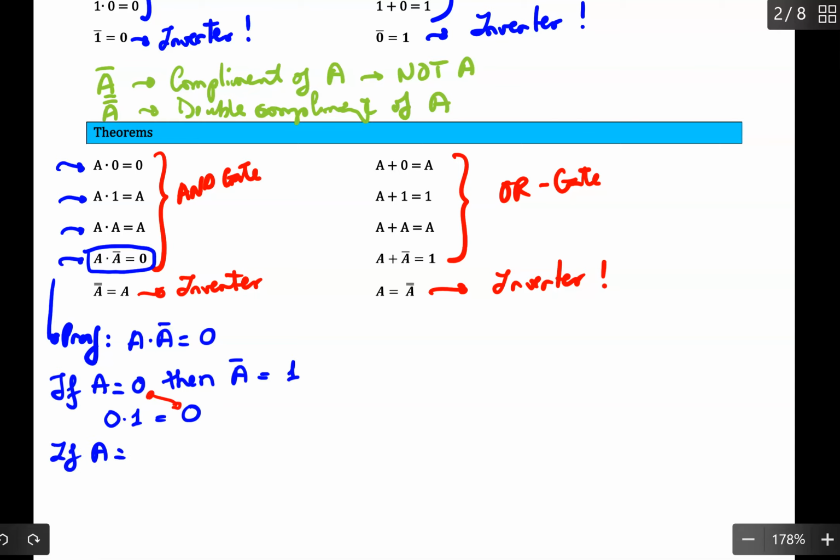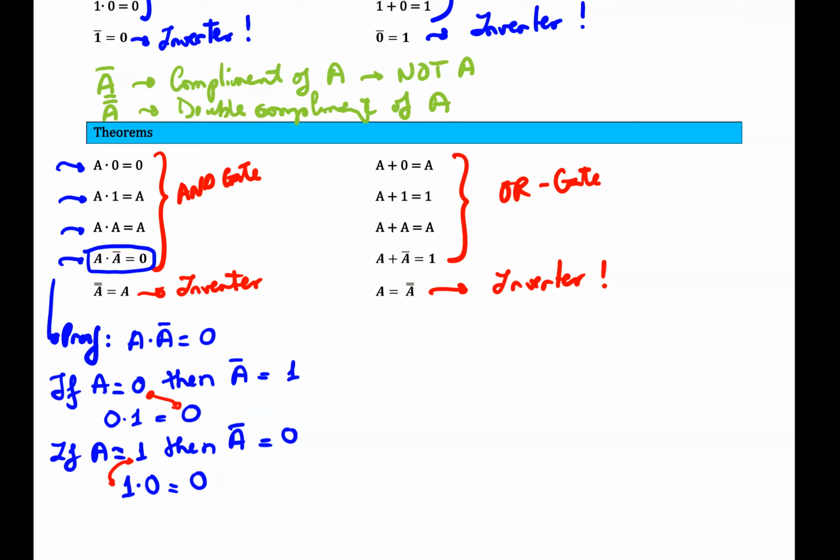If I let A equal to 1, then the complement of A is equal to 0. So then I have 1 and 0, which will be equal to 0 as well. So you see that these two are equal to each other, and I have proven that my statement has to be equal to 0 in both cases.